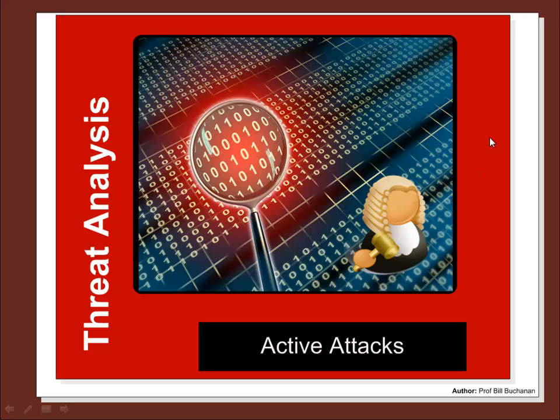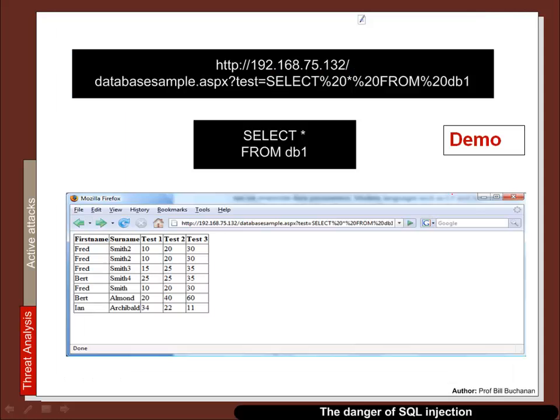Another threat which is current is related to active attacks, and an example of this is an SQL injection attack. In this case, a parameter is used to get data through a URL and into the program.